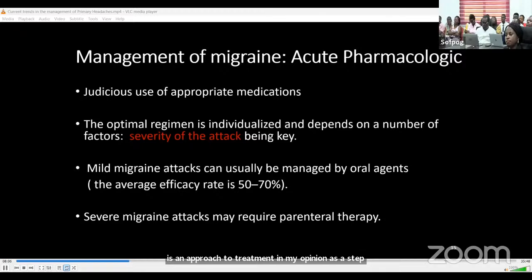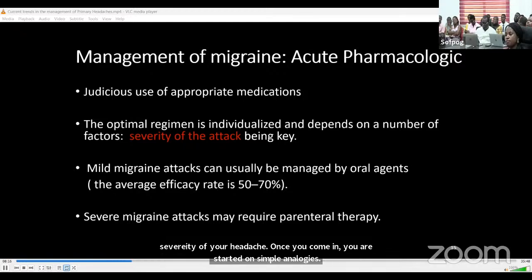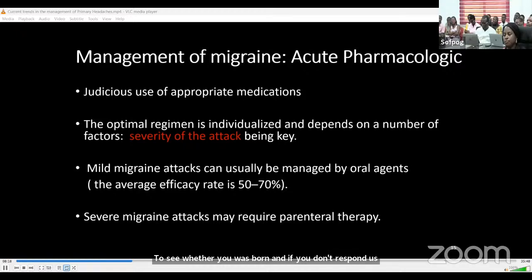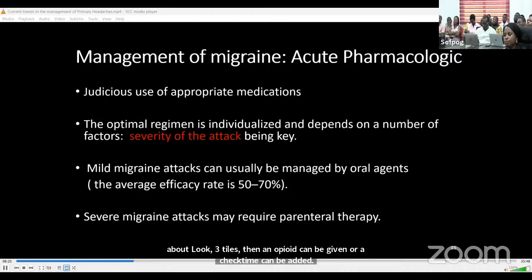The step-ladder approach is where, regardless of the severity of your headache, once you come in, you are started on simple analgesics to see whether you respond. If you don't respond after about 2 or 3 trials, then an opioid can be given or a triptan can be added. And if you are still not responding, a prophylactic medication can be considered. Whereas with a stratified approach, we are individualizing the therapy.